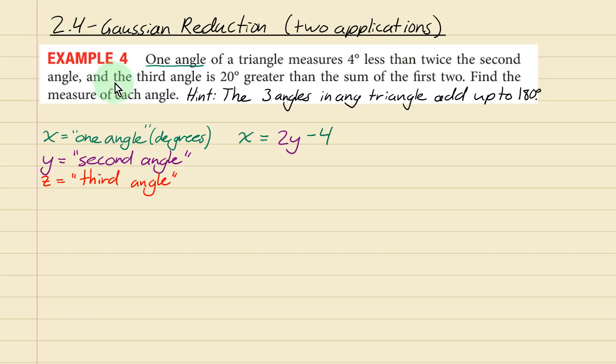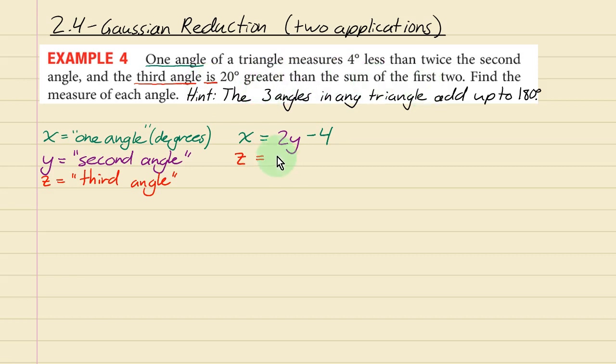The next thing it says is the third angle is 20 degrees greater than the sum of the first two. So z, the third angle, is, and "is" means equals, 20 degrees greater than something.